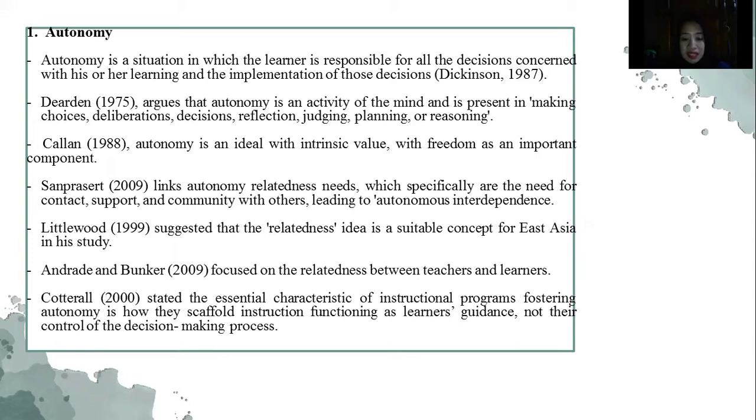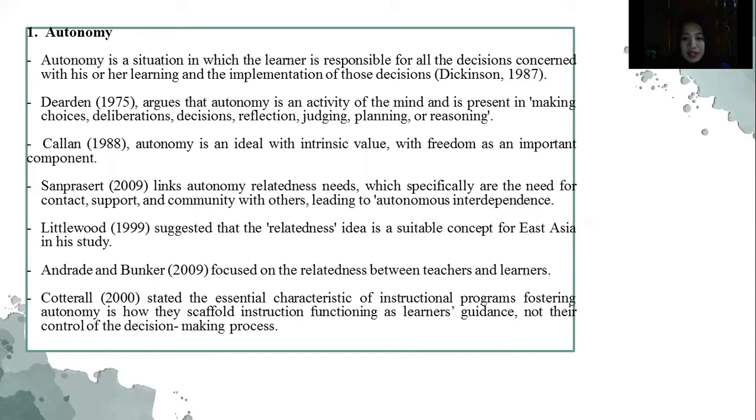Littlewood, 1999. Similar to this view of interdependence, Andrade and Bunker 2009 focus on relatedness between teachers and learners. So teachers and learners have a relatedness to make autonomy.